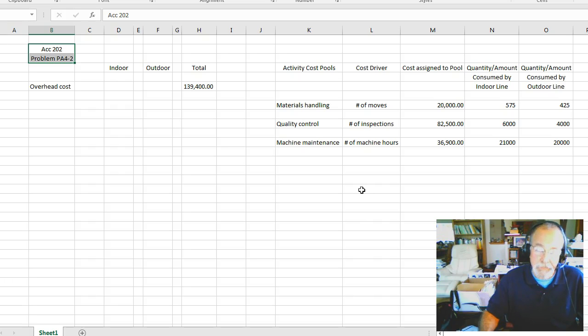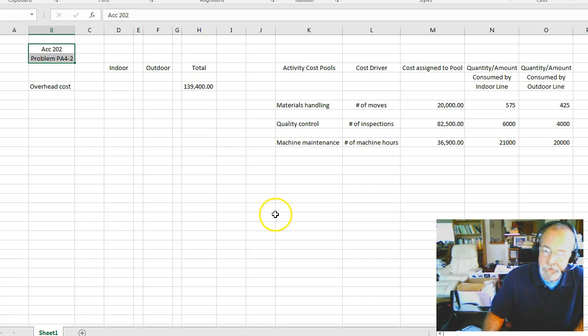If the manufacturing of products is labor intensive, then instead of machine hours, we might be using labor hours, or as an option, we could be using labor dollars.